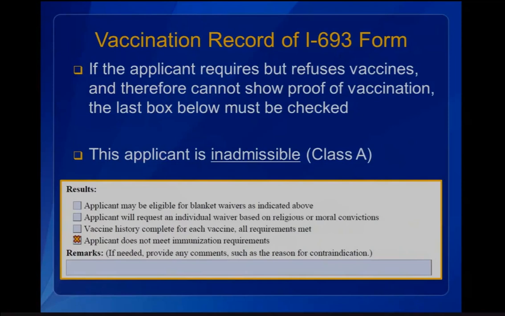That's the blanket waiver. For this, where they say, it doesn't matter to me, I don't want any of these vaccines, then that means that they would have to request an individual waiver based on religious or moral convictions. And that would be an application that they would need to pay for. And whether or not they get that waiver, that's the one that doesn't come through CDC.